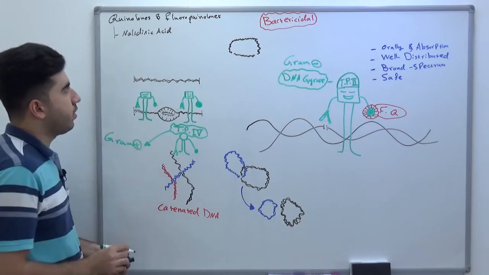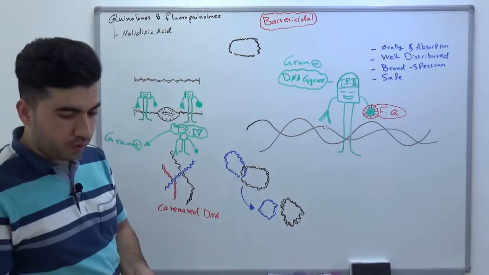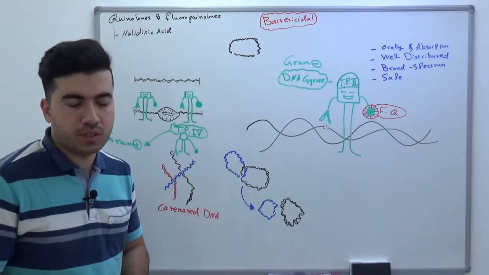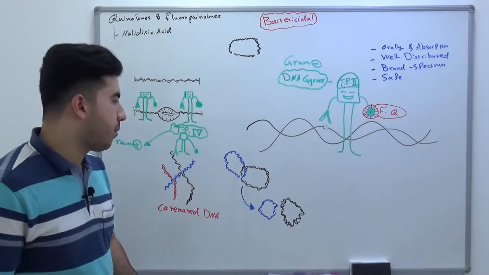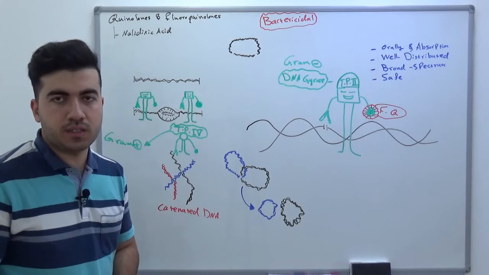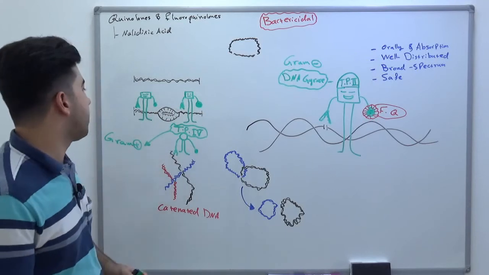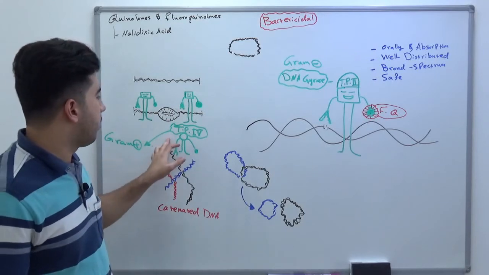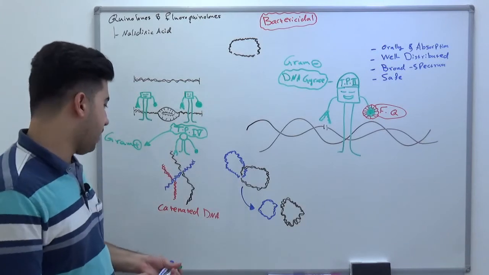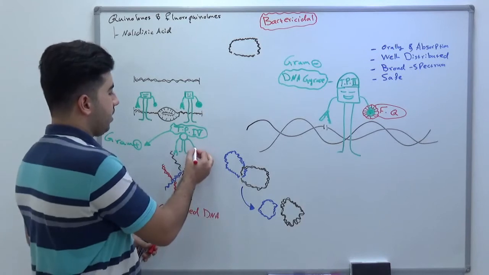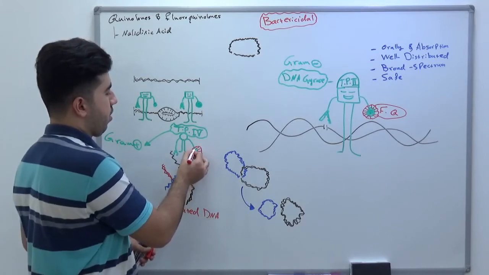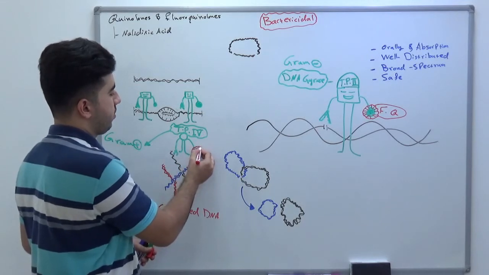That's why the other agents such as nalidixic acid and ciprofloxacin have limited activity against the gram-positive bacteria, but the newer agents are more effective against gram-negative and also gram-positive bacteria by blocking or inhibiting the action of the topoisomerase 4 from its ligating domain. They only inhibit this domain.